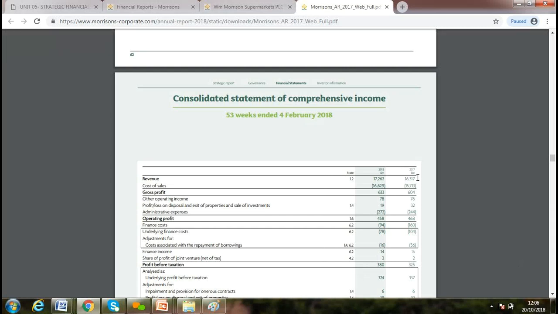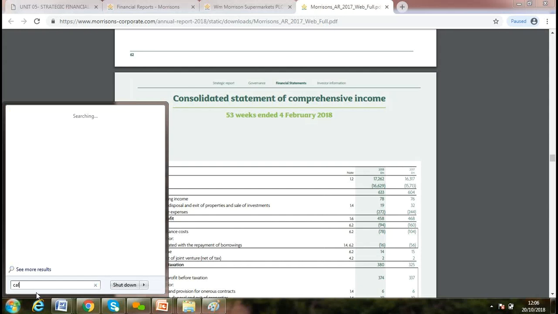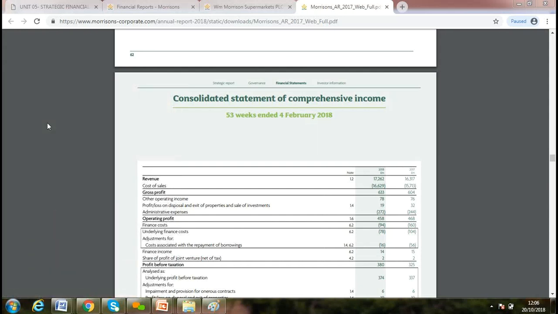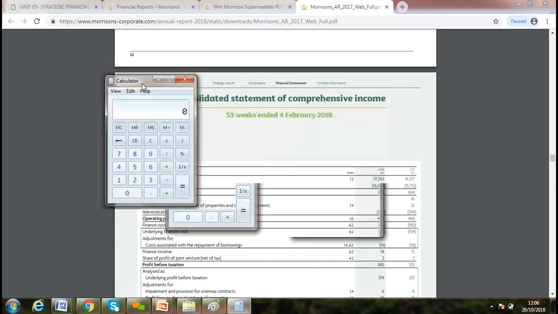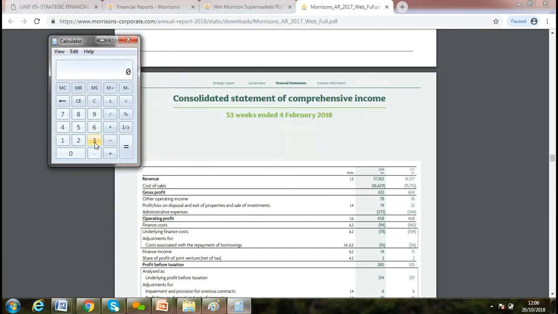Last year 16,317 million was sold, and this year it has increased. It's always good to use your calculator and take the difference between last year's figure and this year's, so you can discuss it, because your assessment criterion 2.1 is all about analysing financial performance in terms of financial statements. If I subtract last year's figure from the current year's, I can say by how many million this company's sales increased. 945 million revenue went up, which is good. 945 million, great. This company performed better.